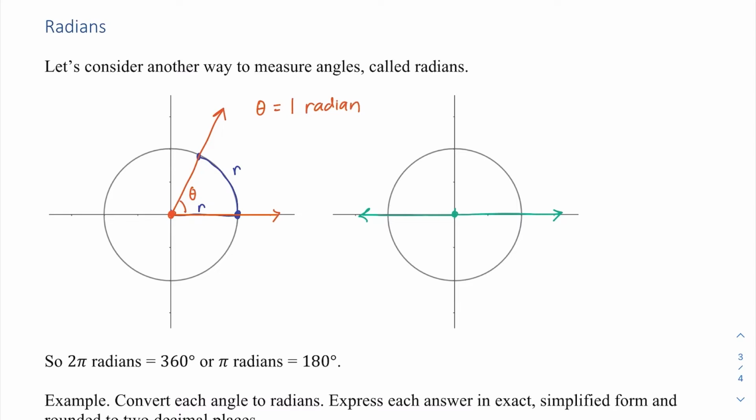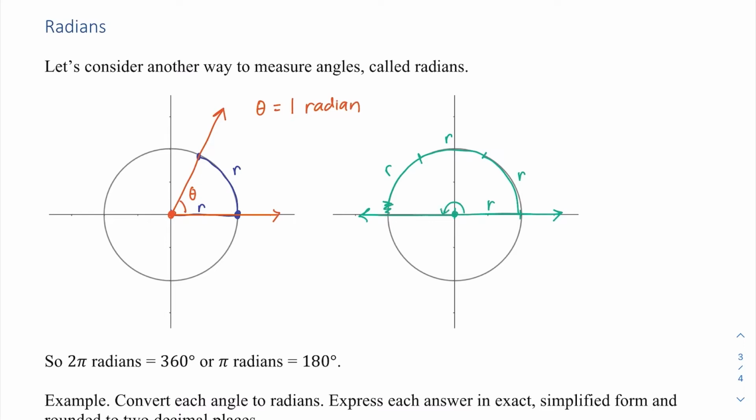I still have this same radius r, but if I want to know how big that angle is in radians, I want to know how many radii can fit along that path. So let's say we draw one here, and another one, maybe about there, and then another one might fit about there, and then we'd have a little bit left over.